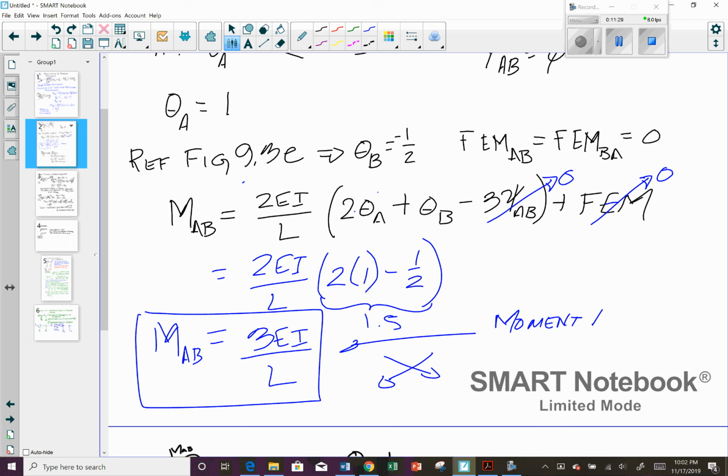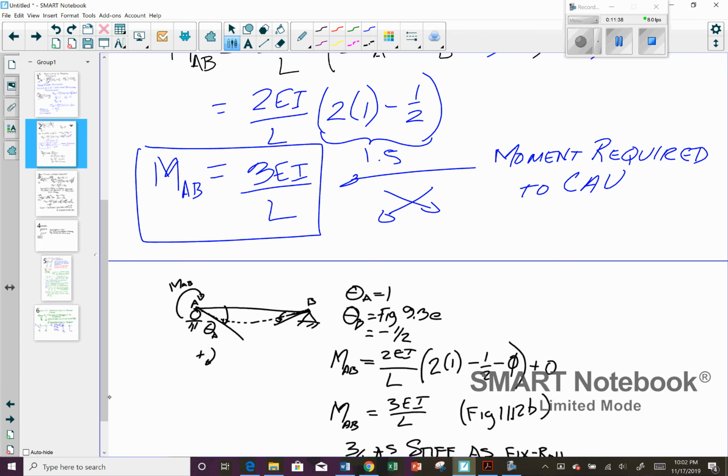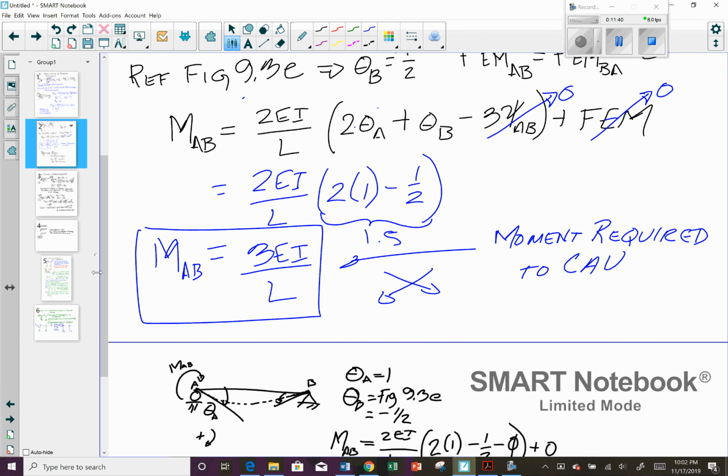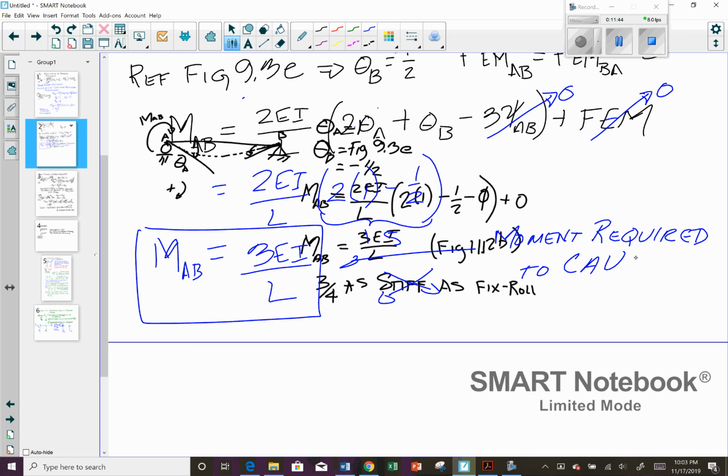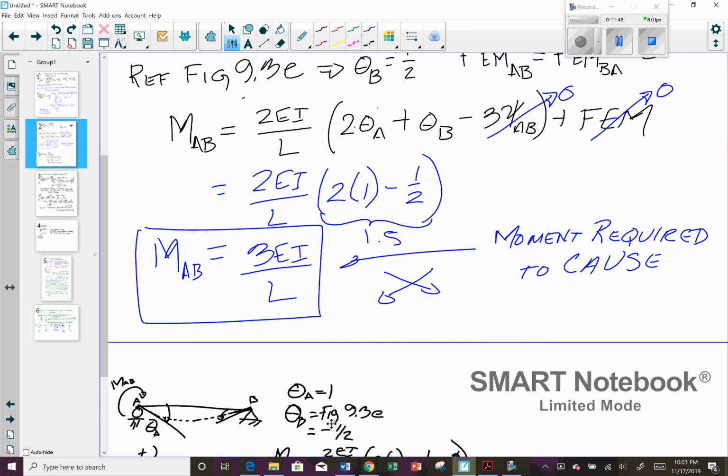Moment required to cause unit rotation for roller pin.